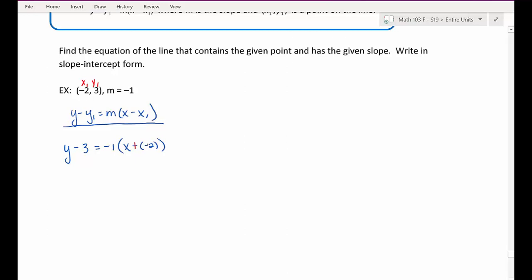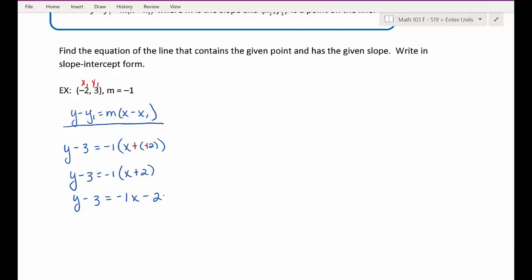That minus a negative 2 becomes x plus 2 inside our parentheses. We'll distribute the negative 1. Y minus 3 equals negative 1x minus 2. And of course, actually writing the 1 in front of the x is optional.